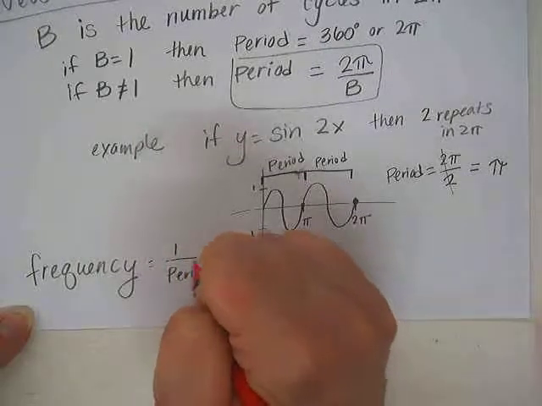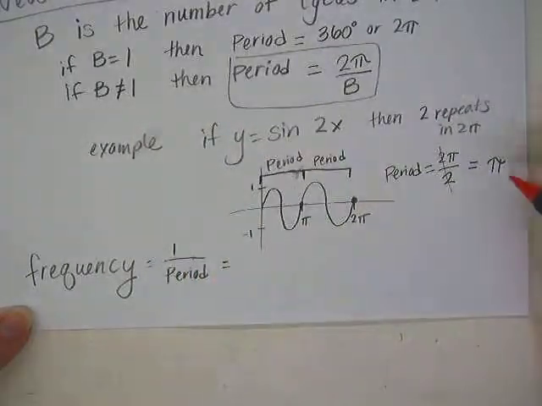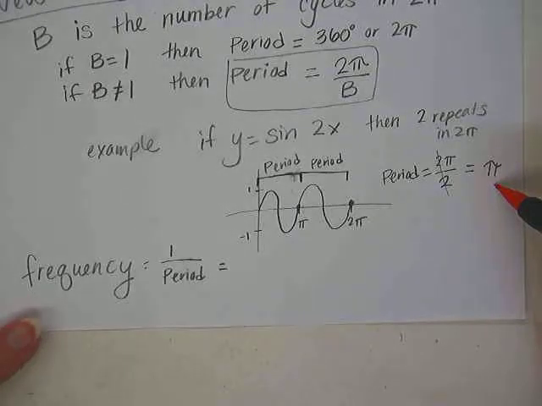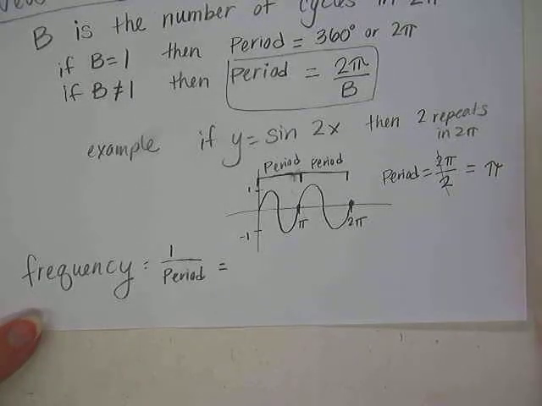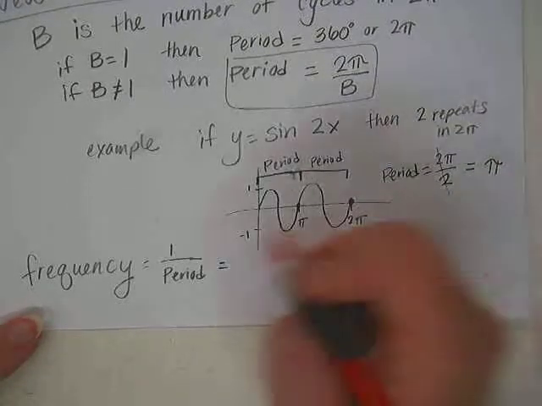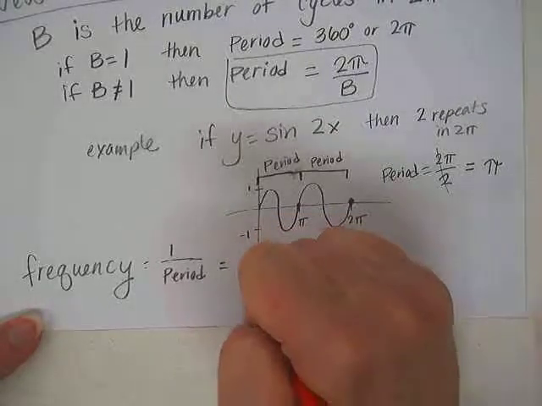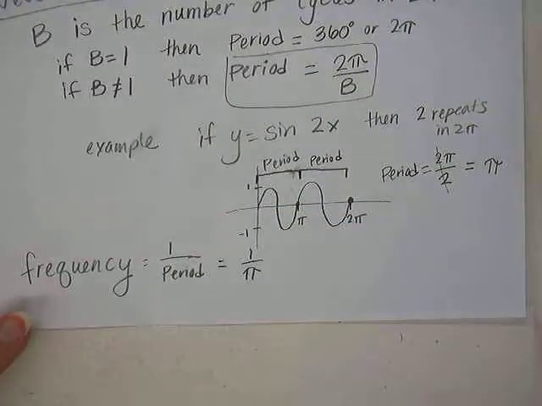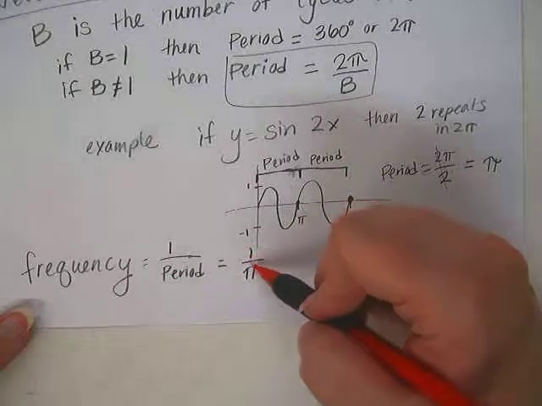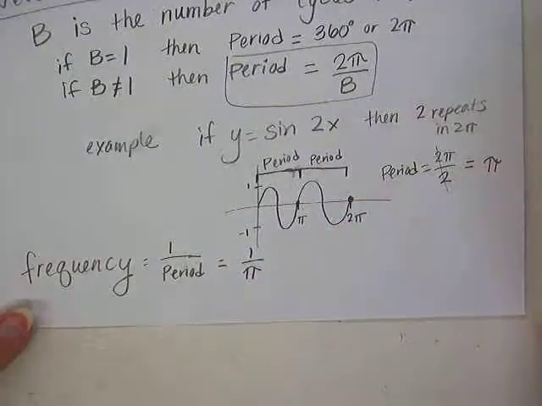Okay, so then the other thing you need to know is frequency. Frequency is always 1 over the period. So if the period is pi, what would the frequency be? 1 over pi.